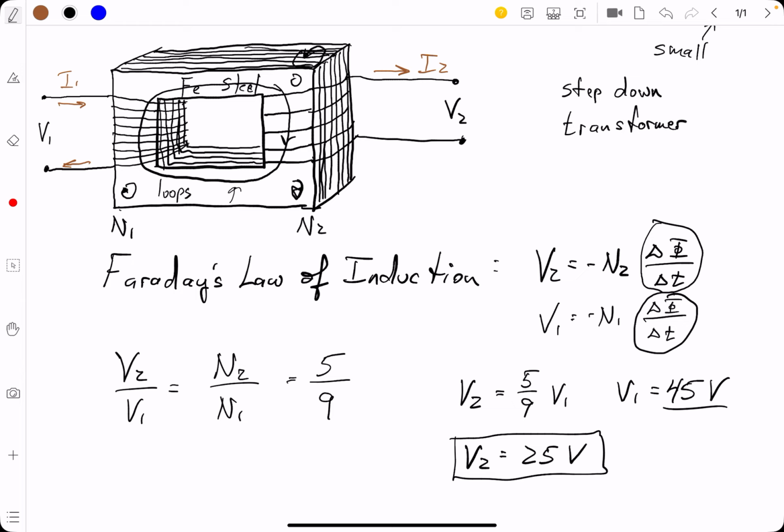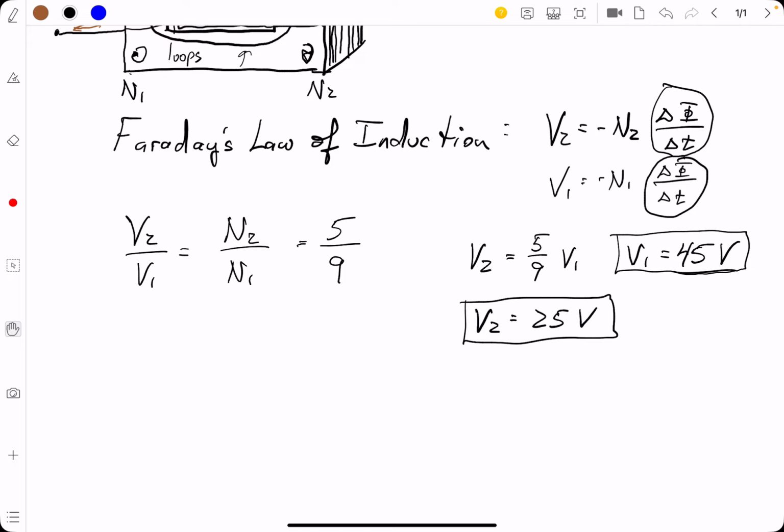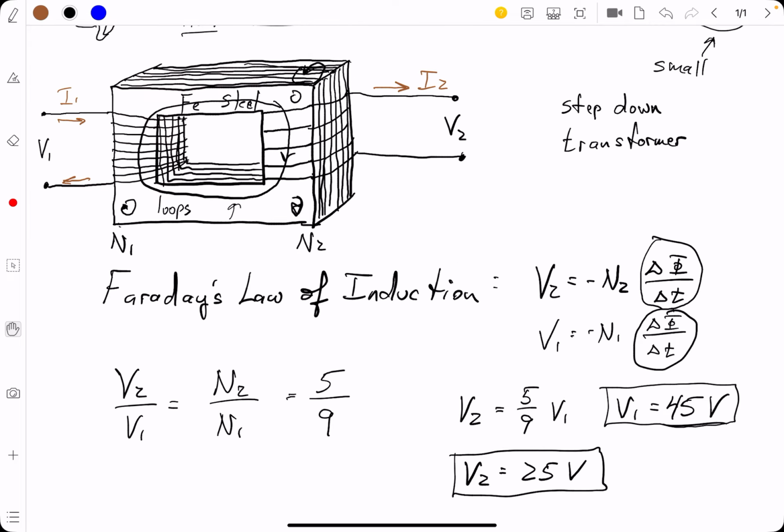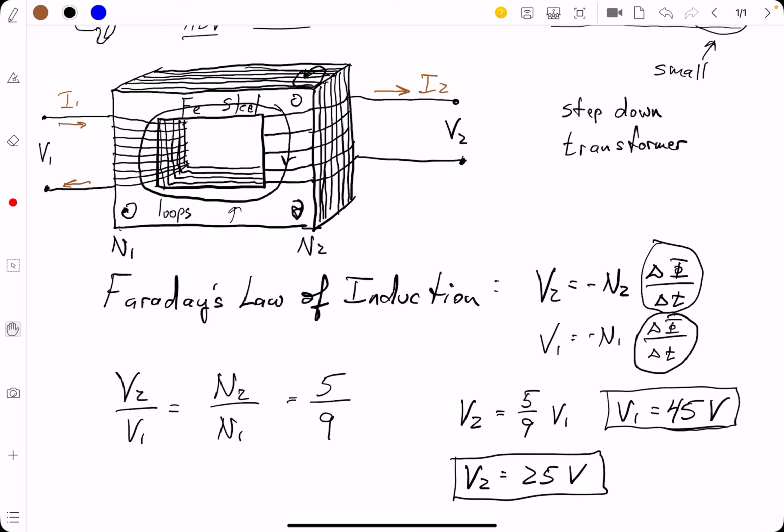Now, let's say that we switch them. We're going to switch it, and we're going to now call V2, let's just get rid of all this. Don't make me regret it.